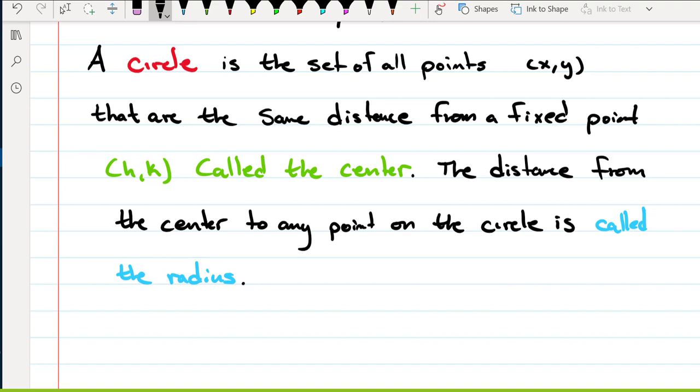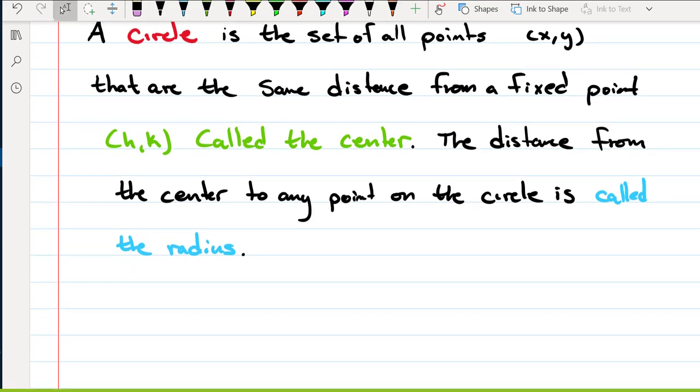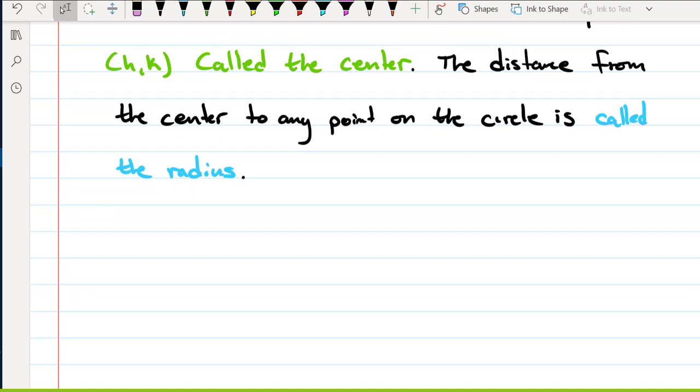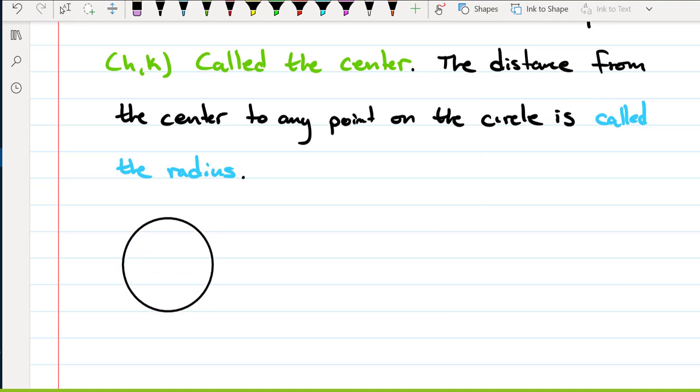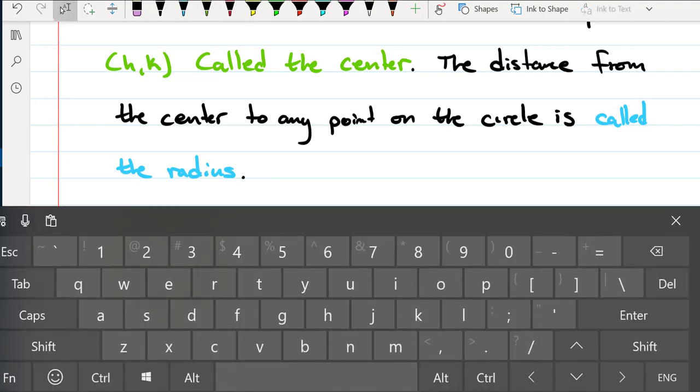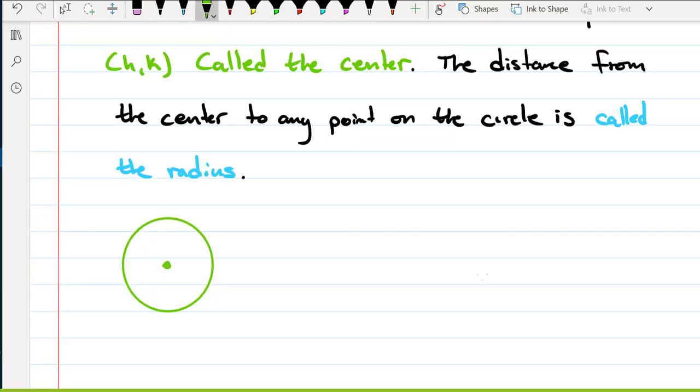All right, so on our circle, a circle is a set of all points that are the same distance from a fixed point called the center, and the distance from the center to any point on the circle is called the radius. So if we have a circle, based on what we have here, our center of our circle is denoted by the ordered pair h comma k.